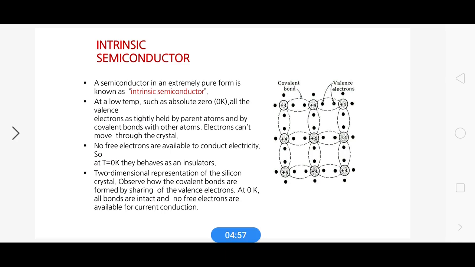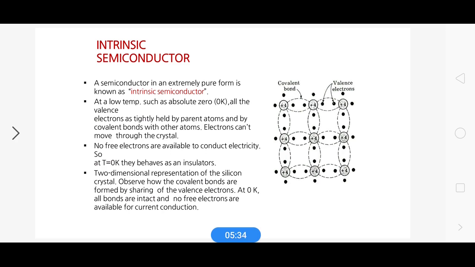If you observe the conductivity at a low temperature such as absolute zero, that is 0 Kelvin, all the valence electrons are tightly held by the parent atoms, tightly bound to the nucleus by covalent bonds, and electrons can't move through the crystal.